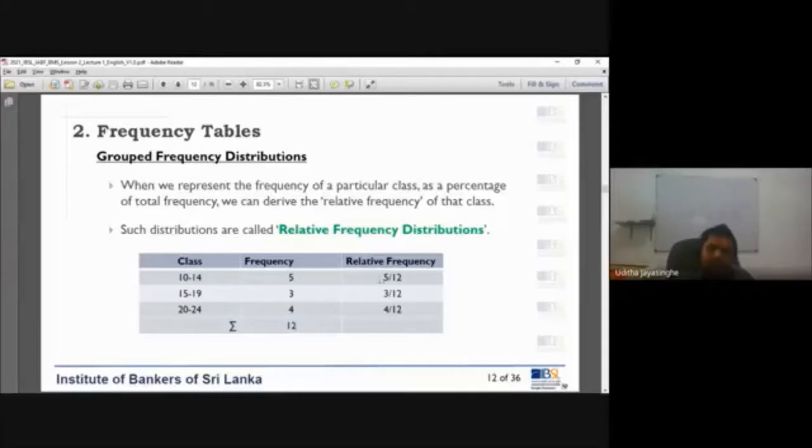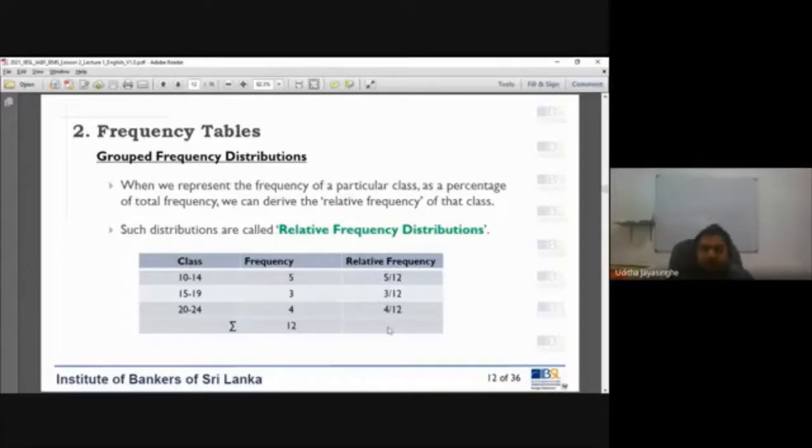So 5 divided by 12 is the relative frequency of this particular class. Look at the next class: 3 items out of 12 is the relative frequency. If you sum these up, you have to get a value of 1. 12 divided by 12 is going to be 1, or 100 percent.